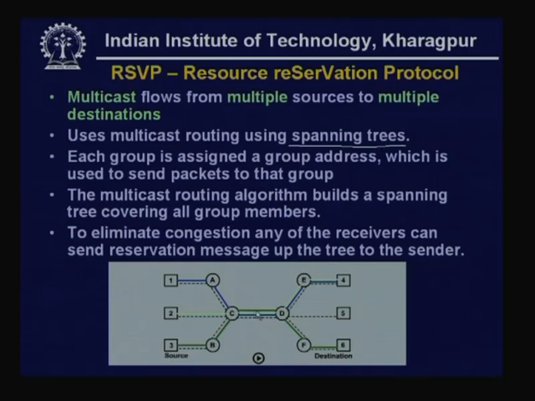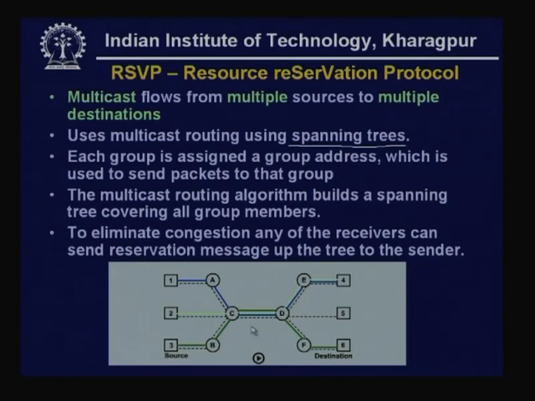Now you can see here between C and D, 4 has already reserved for 2 streamed video traffic, and at the same time 6 has demanded another one.